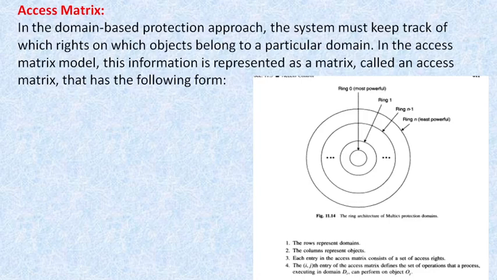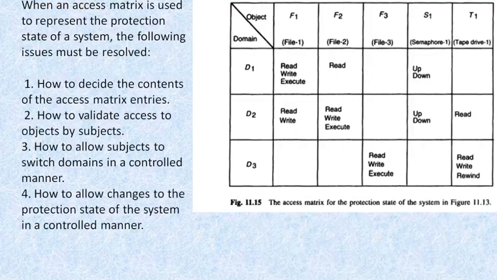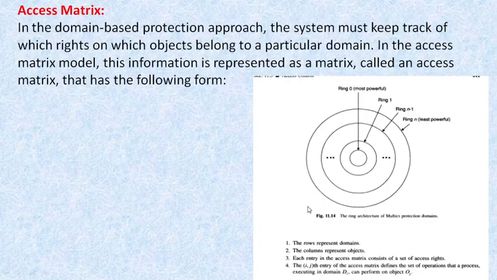We will see this table format of the access matrix, which consists of rows and columns. And this is the ring architecture of multiple protection domains. Ring 0 is the most powerful, then ring 1, ring 2, and so on. We will have a ring structure like this.